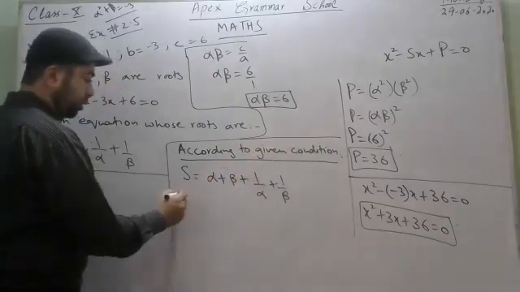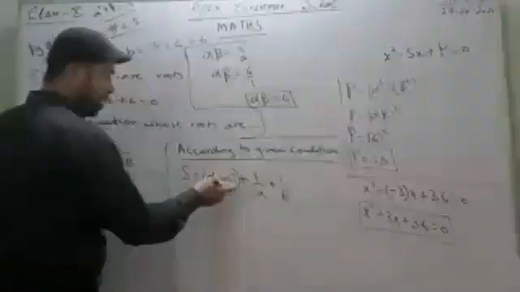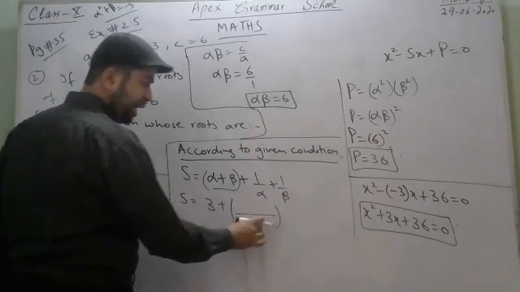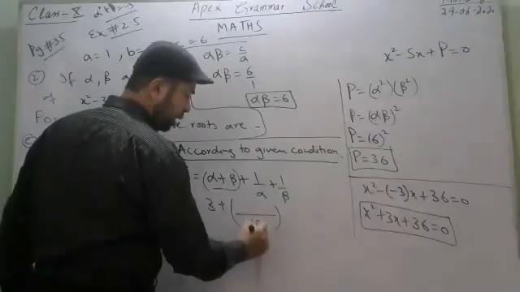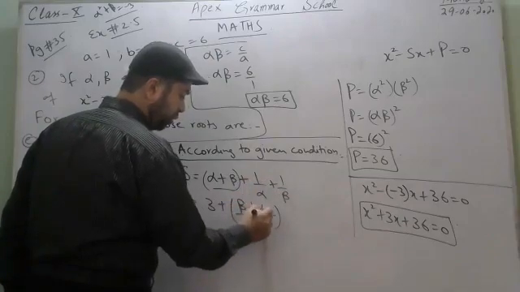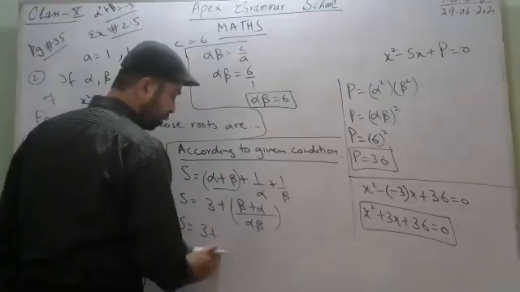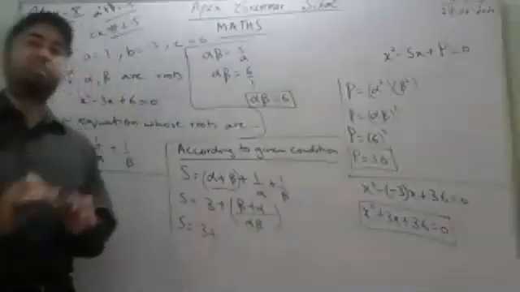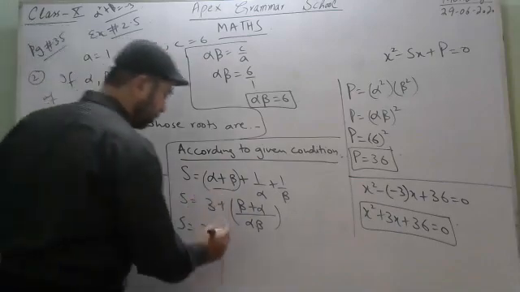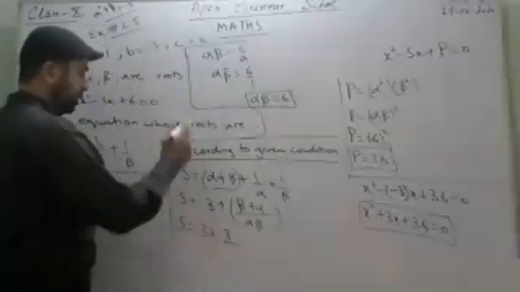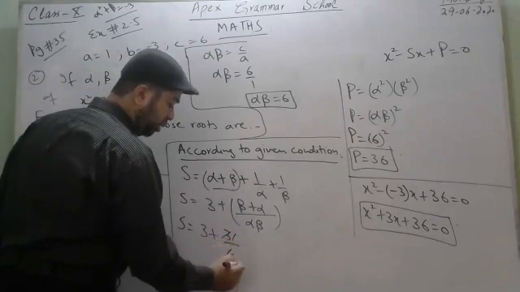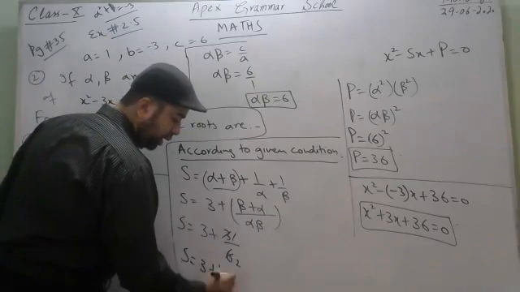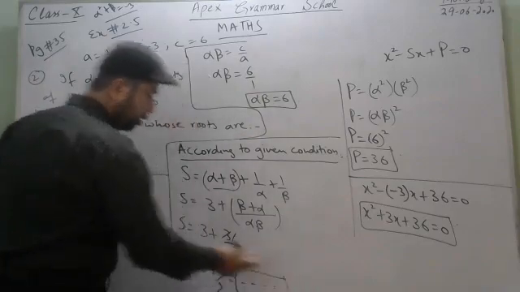Make the sum of all of it. First, alpha plus beta, we have the value of it, 3, plus 1 over alpha and 1 over beta. Make the LCM alpha beta, and then beta plus alpha. Alpha plus beta and beta plus alpha make the same thing, that is 3 divided by alpha beta, that is 6. So 3 1s are 3, 3 2s are 6. So make the LCM 3 plus 1 over 2 and get the answer of S.